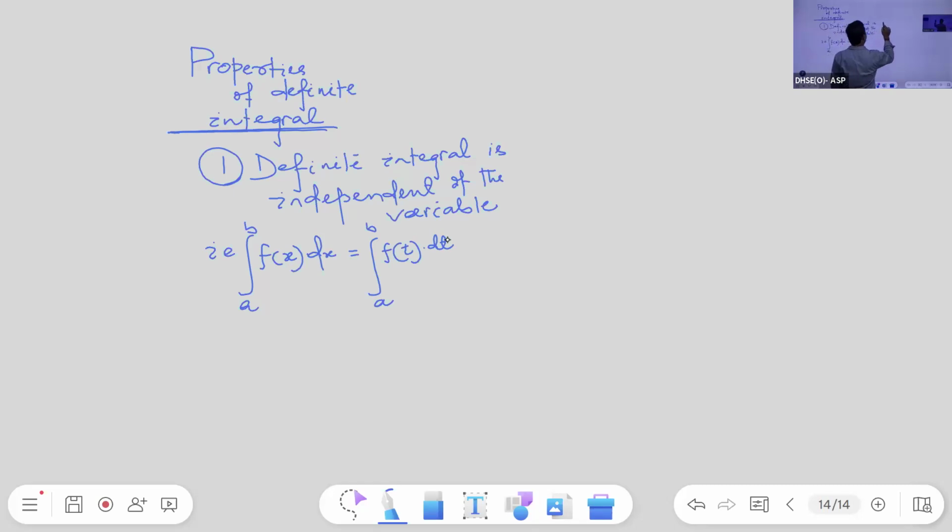Then property 2: integral a to b f of x dx is equal to minus integral b to a f of x dx. Already I have explained it through the graph. Again, come to the proof.